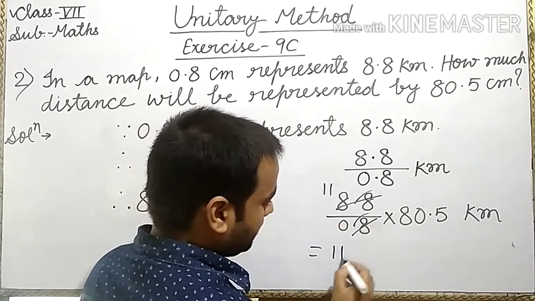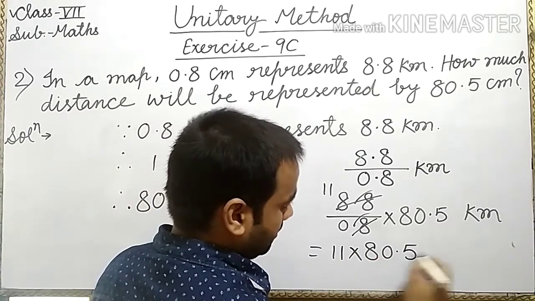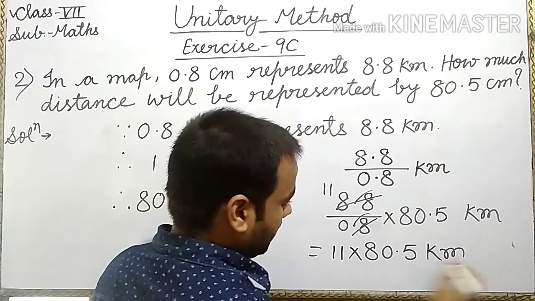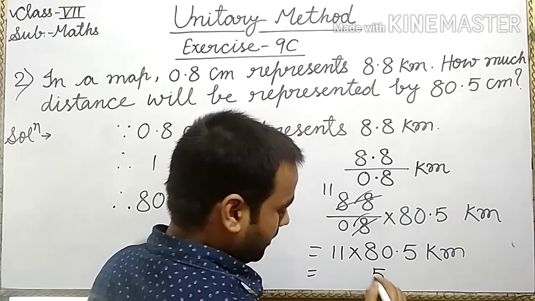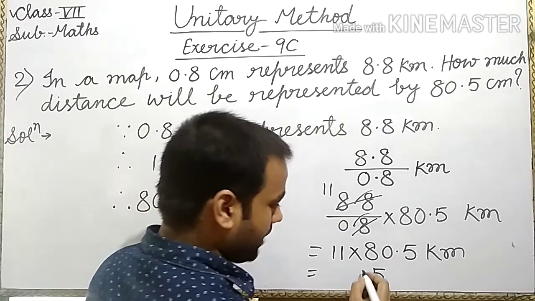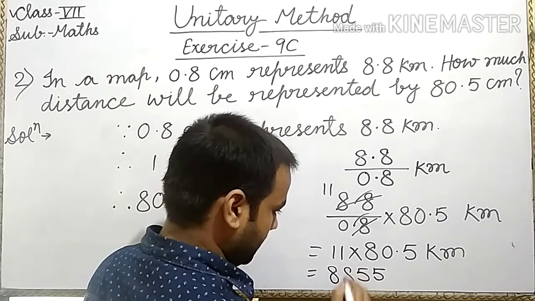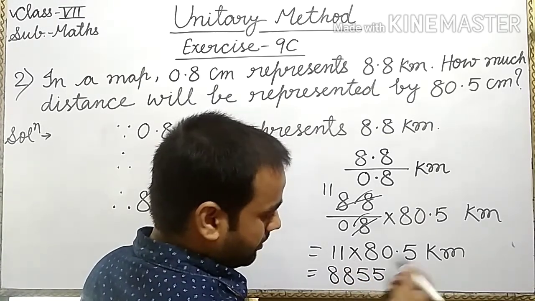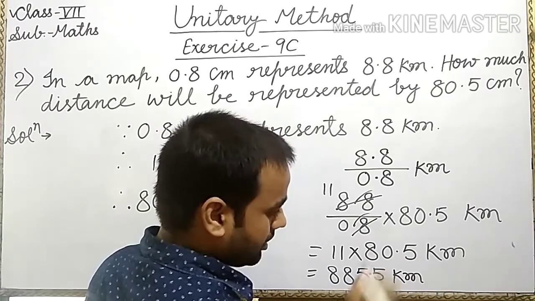So here clearly find 11 into 80.5 kilometer. Multiply: 11 fives are 55, carry 5; 11 into 0 is 0 plus 5; and 11 eights are 88. And decimal after 1 digit, put it after 1 digit in kilometer.